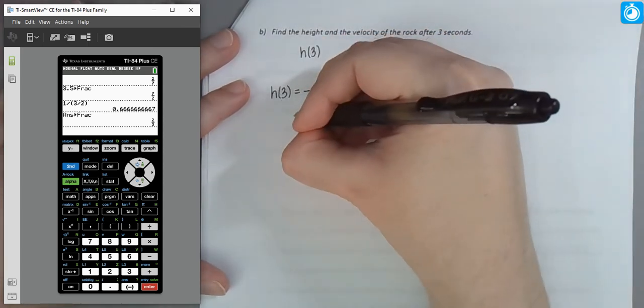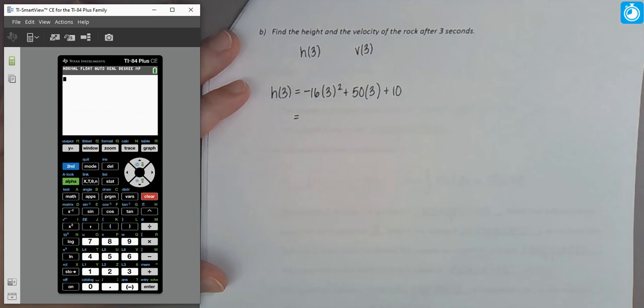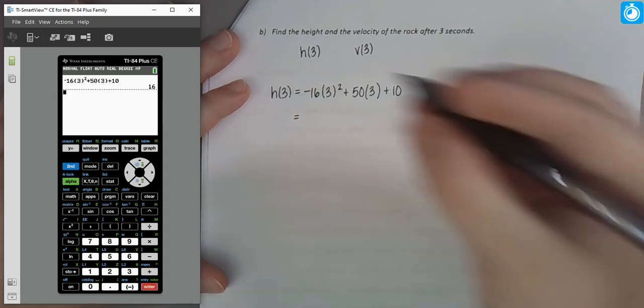And we can simplify this in the calculator if we want. Make sure you put parentheses where they are written. And that's going to give us 16.